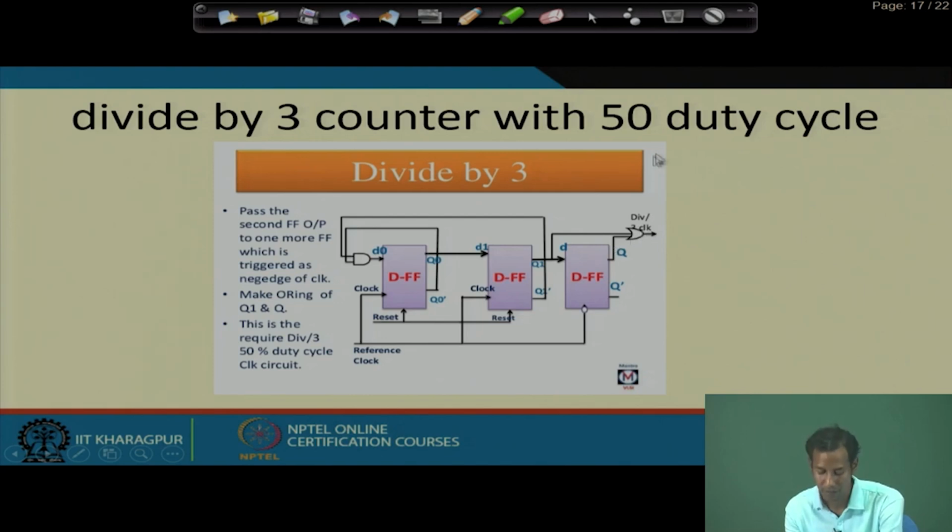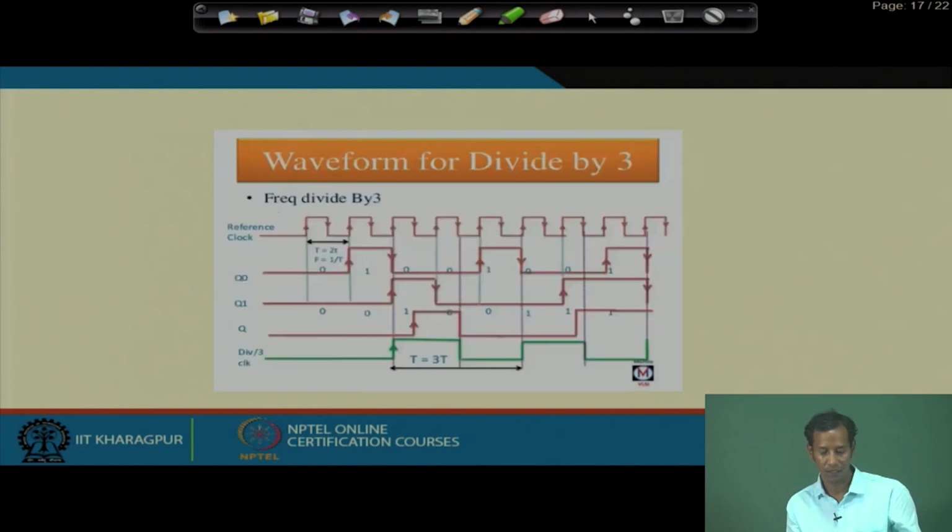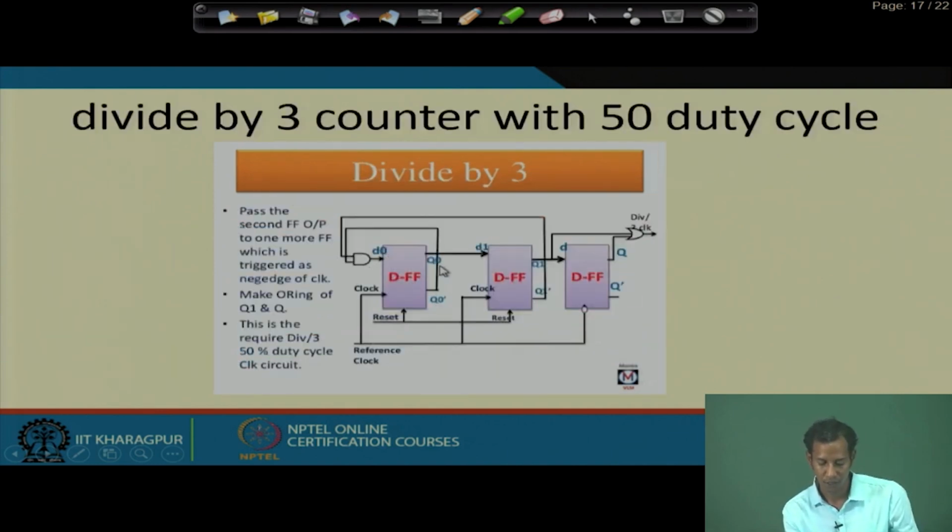If you do that, then this circuit will give you divide by 3 with 50% duty cycle. So, here you see the timing diagram. This is the reference clock. The Q0 will be dependent on Q0 bar and Q1 bar.